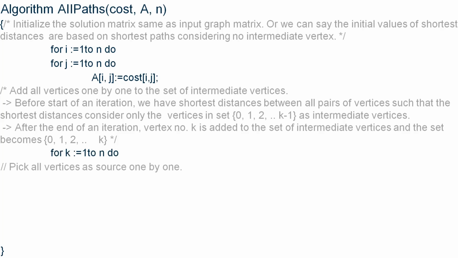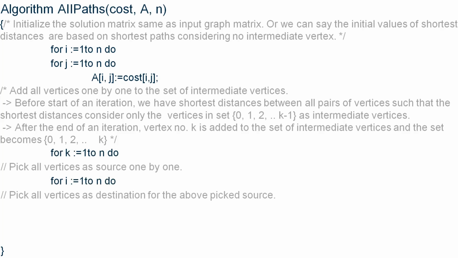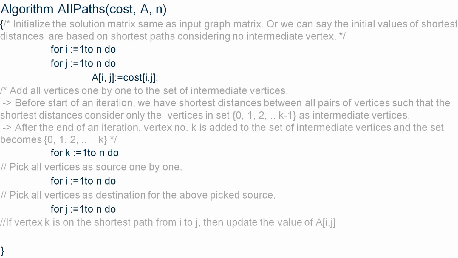Now we pick all vertices as a source one by one by applying a loop for i equal to 1 to n. Then j is selected as a destination vertex by applying a loop from 1 to n.